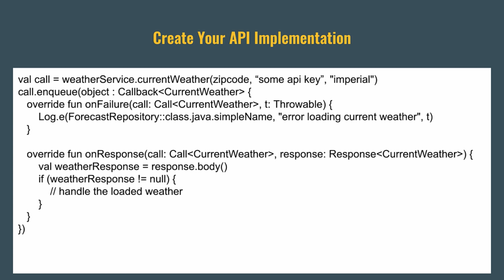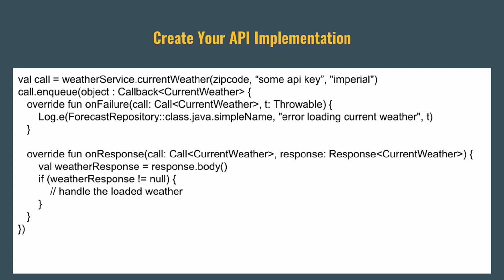Just to refresh and bring it back, as we saw before, we're creating our call class to our weather service in this example here. When we call enqueue, we're then passing in that callback. So the work of enqueue is going to say, hey, some other thing on a background thread, make this API call to load the current weather.